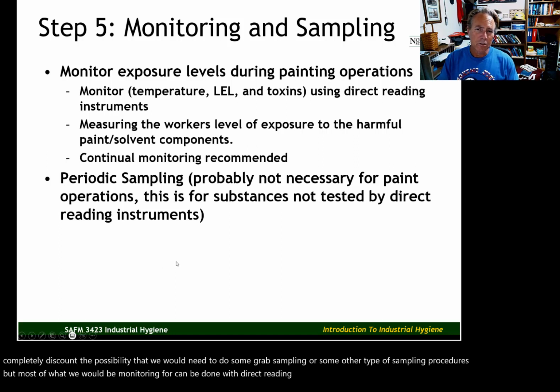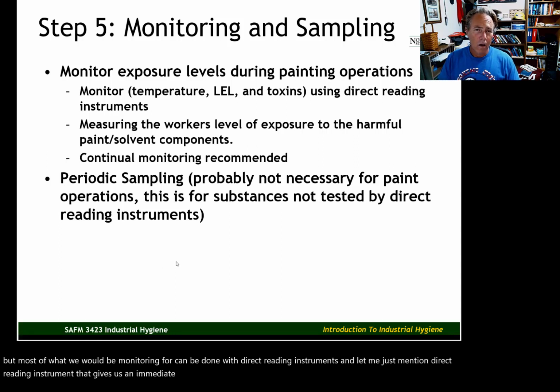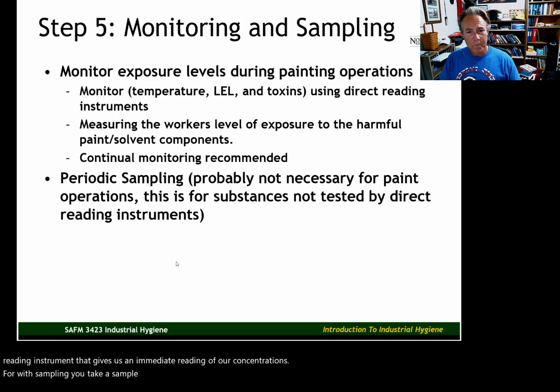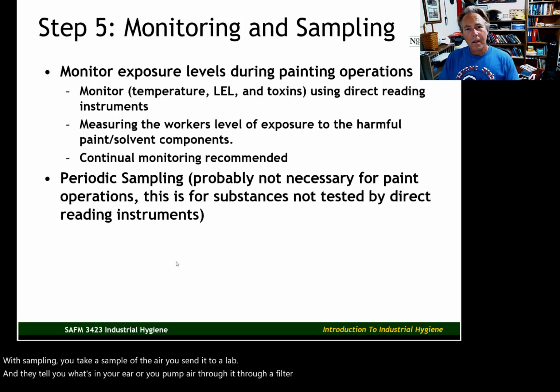And let me just mention, a direct reading instrument gives us an immediate reading of what our concentrations are. With sampling, you take a sample of the air, you send it to a lab, and they tell you what's in your air. Or you pump air through a filter media.